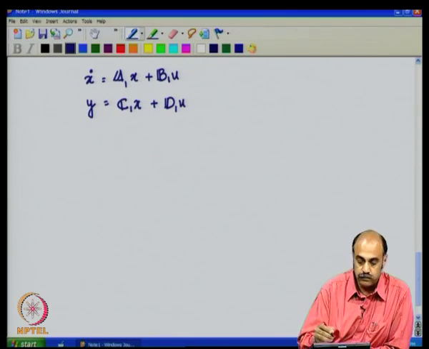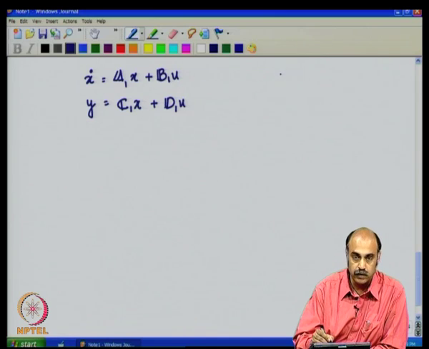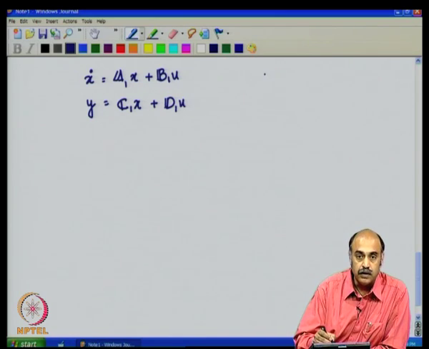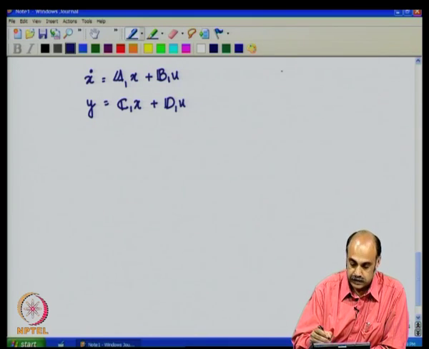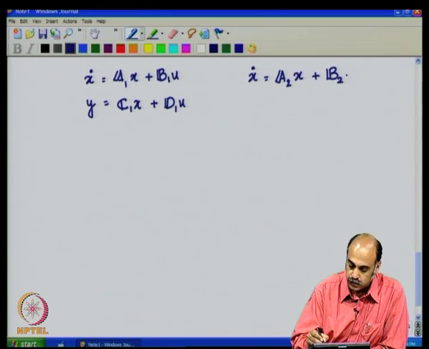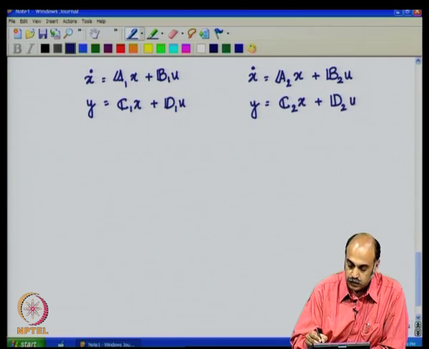This is the model for the first mode of the circuit, when the switch S1 is on during the period dTs. During the period 1 minus d Ts, we have A2 x plus B2 u and y equals C2 x plus D2 u.